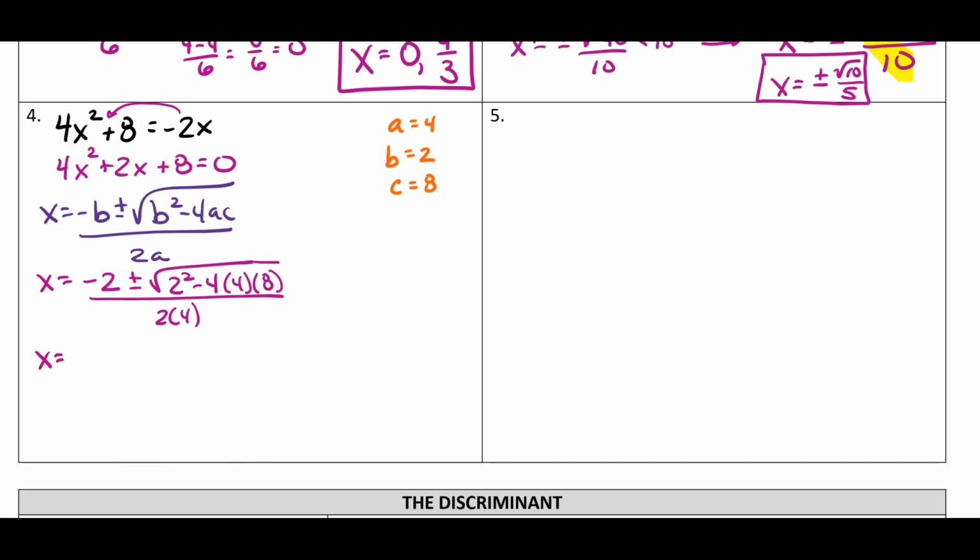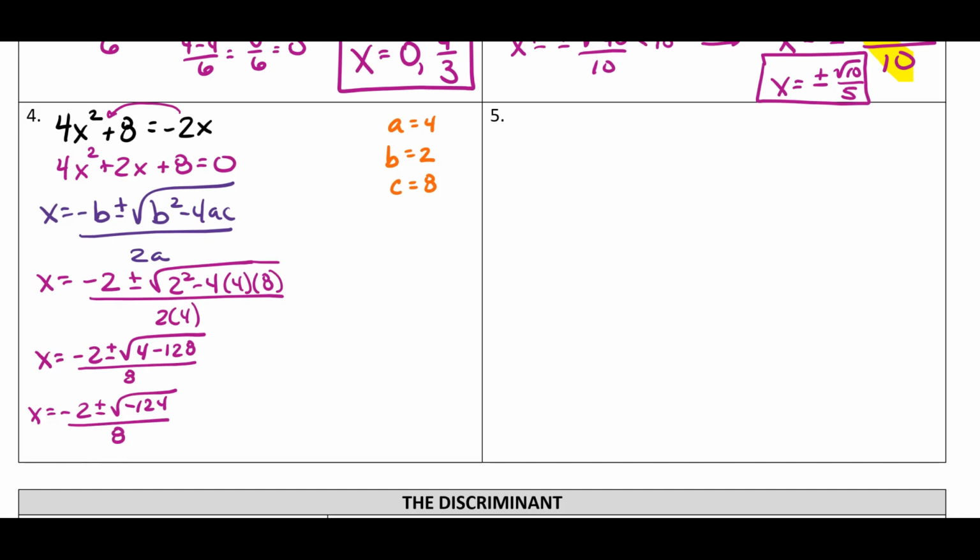So x equals negative 2 plus or minus. All right, underneath this radical I have 4. So then I have 4 times 4 times 8. So 16 times 8 is 128. So I have 4 minus 128. And notice I know it's a minus because I have 1 minus and then 2 positives. And that's going to be divided by 8. So x equals negative 2 plus or minus the square root of negative 124 all divided by 8.